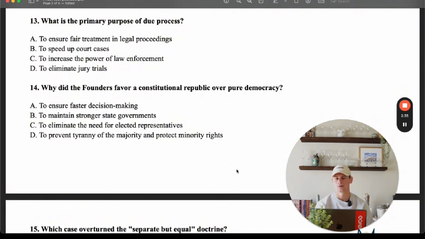Now, inherently, you don't necessarily want to speed up court cases. You want the judicial system to work itself out in a timely manner, but nothing too fast where details could be missed. And due process specifically is the vocabulary word that we assign to ensuring fair treatment in legal proceedings. So the answer here is going to be A.